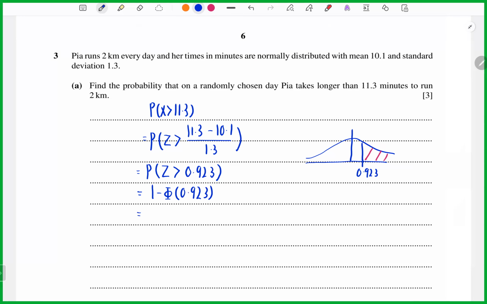Make sure you open your table to find the standard normal variables. So we find 0.9 and 0.92, okay, 1 minus 0.8212 plus, okay, 3, 0.008.